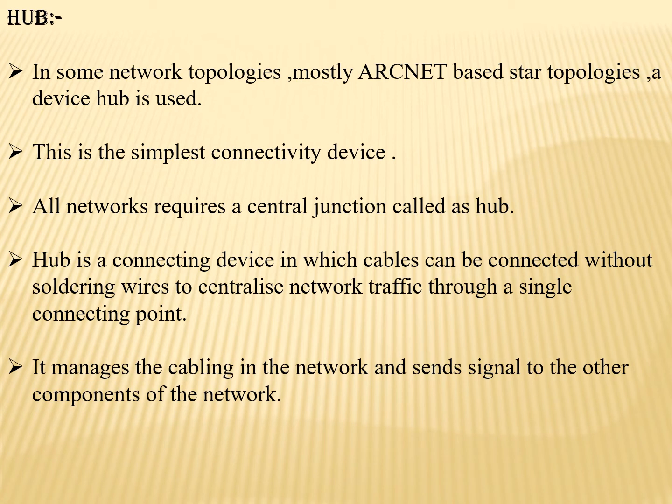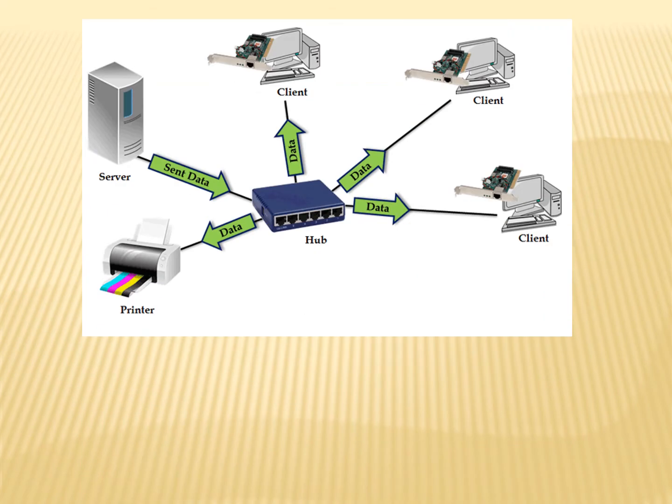As we know, not only computers, but also a printer, server, all devices can be connected to the hub, and the hub is the central point via which your signals will be transmitted from one computer to another. In the diagrams of hub, you can see here in the center there is a hub. We have printer, server and computers.